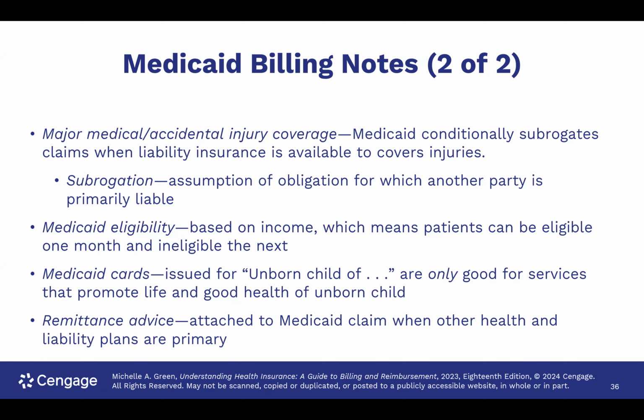So patients are eligible 1 month, and if they have a good month of income, they may be ineligible the next. Medicaid cards are issued for unborn children, and they're only good for the services for the unborn child. And again, like any insurance, once payment is made or a claim is submitted, there is a remittance advice.